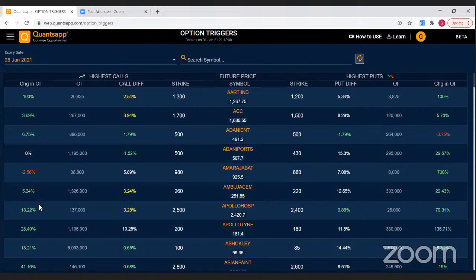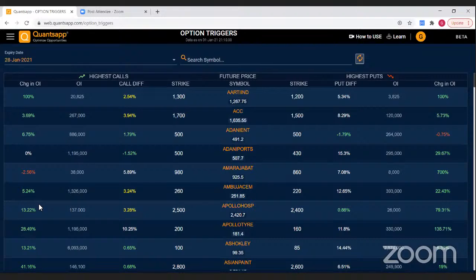If I want to figure out which stocks could have a likely movement, based on the options, say a particular stock is standing at rupees 100, and at the same point the heaviest call is also at 100.